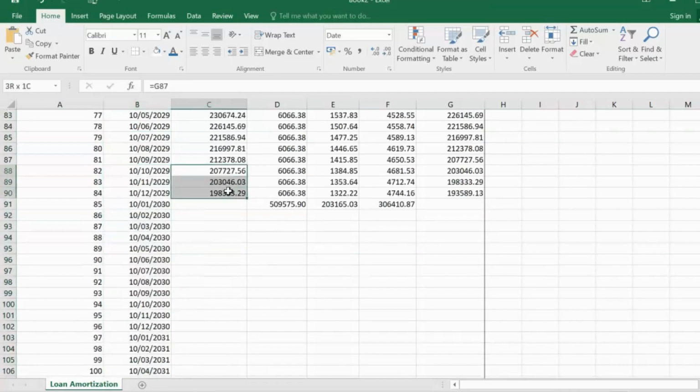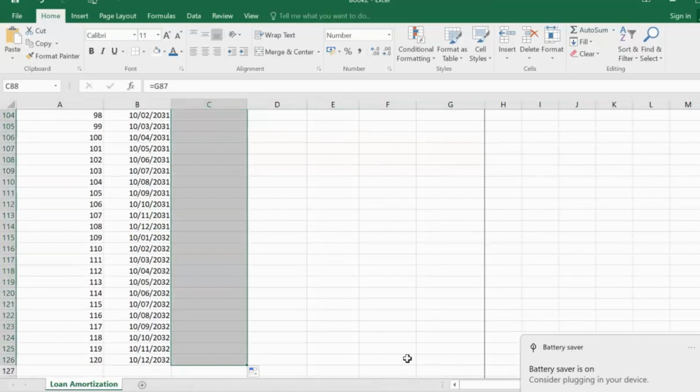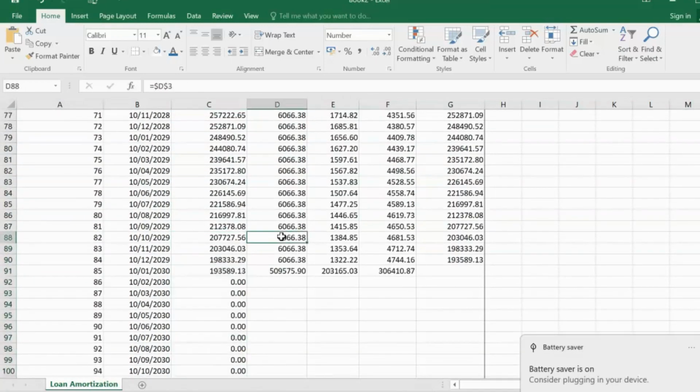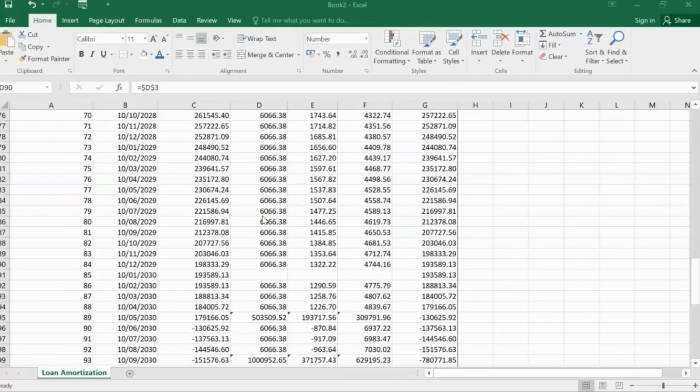Yes, and that's that. So the reason there was an issue is because remember I had put a sum formula here, so that's why it was breaking. But I have resolved that now.